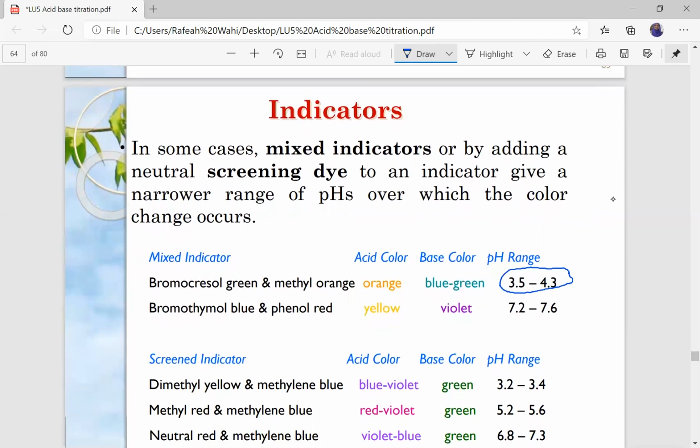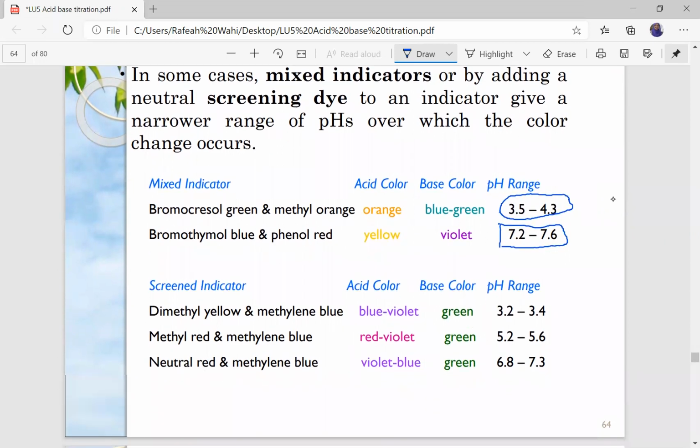Okay, the same case goes for bromothymol blue and phenol red mixed indicator. It will narrow down or make the pH range for detection of endpoint smaller. Okay, smaller pH range. So this is an example for screening indicator. If you have dimethyl yellow and methylene blue, your pH range is this one.